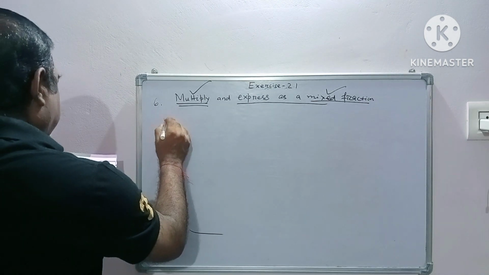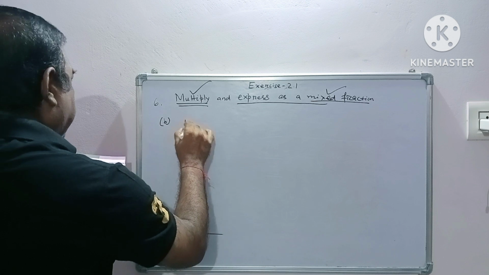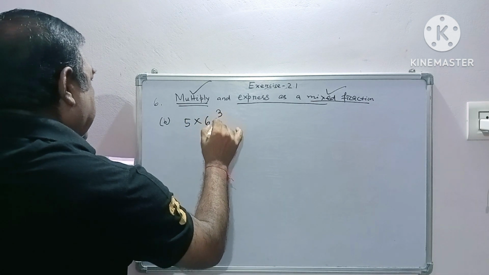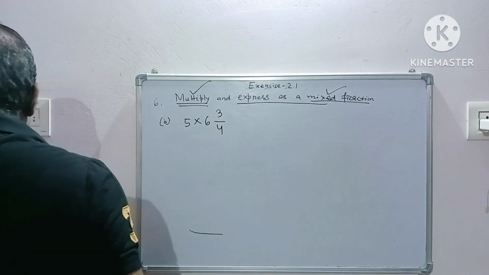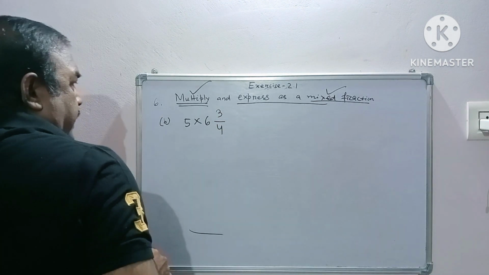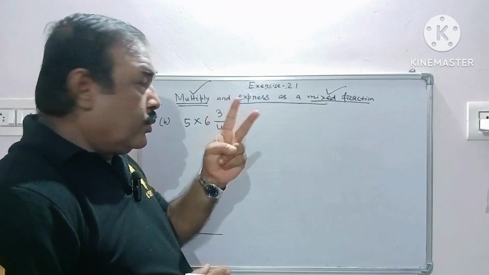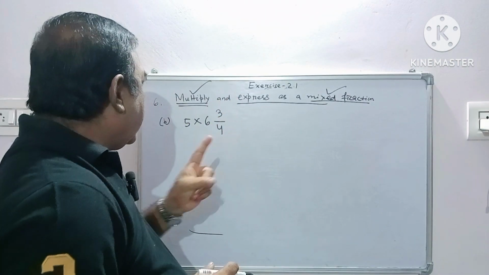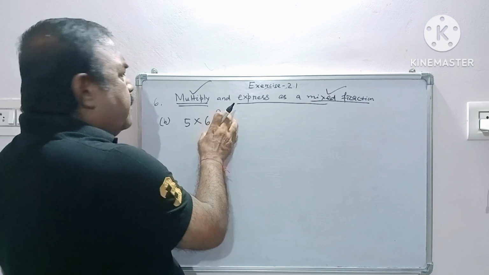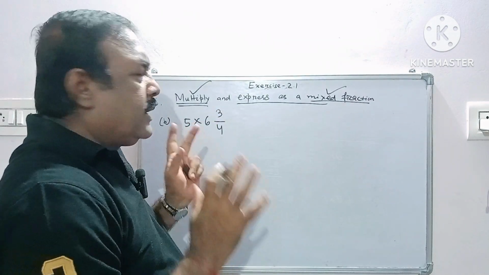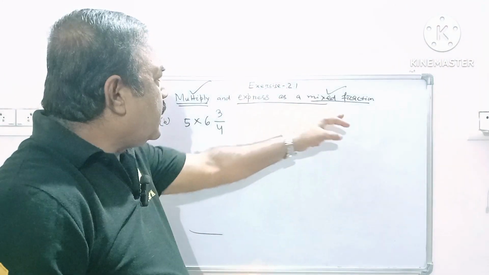So question number 2 big B: 5 into 6 whole number and 3 upon 4. Hello students, you mark here. We can solve it in two ways. First way, you convert this mixed fraction into improper fraction, then you multiply and you get the product, then you convert that product into mixed fraction.